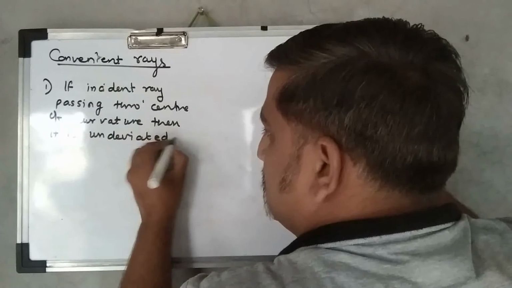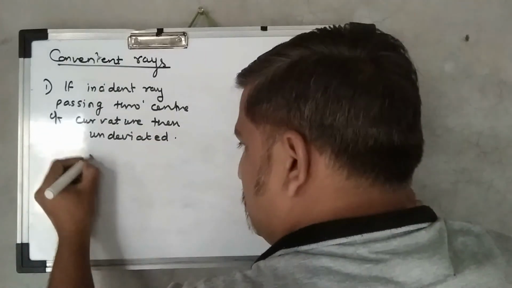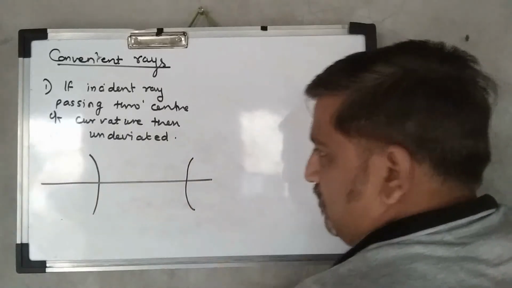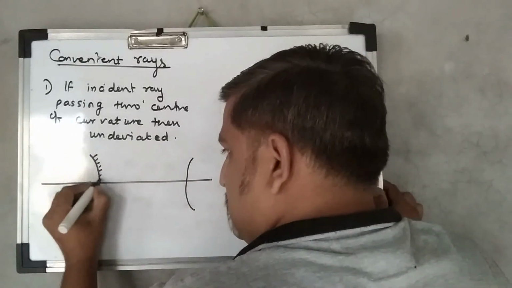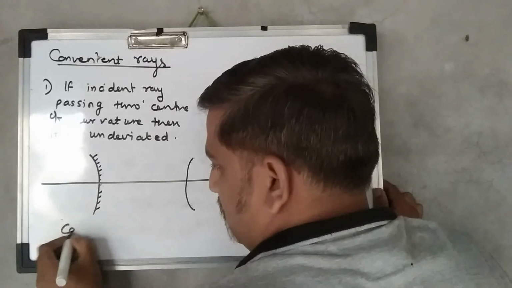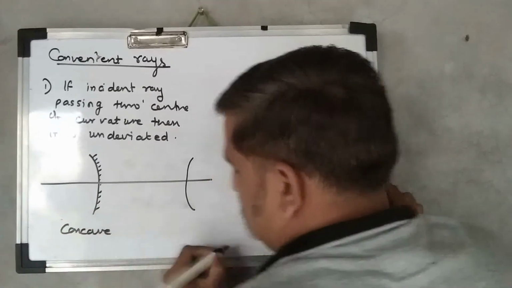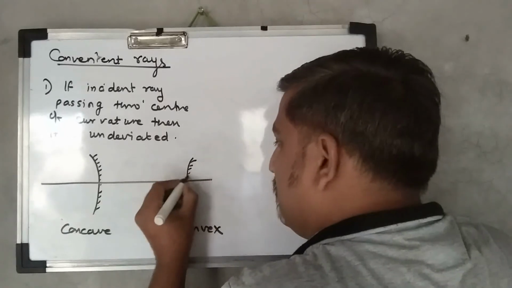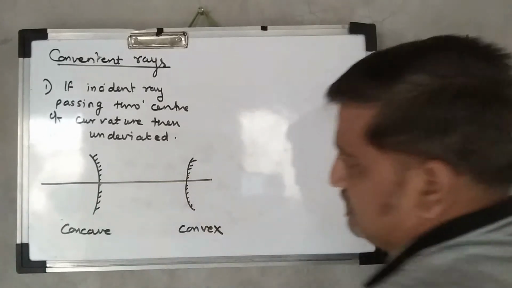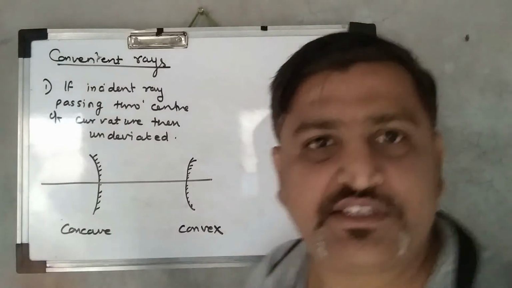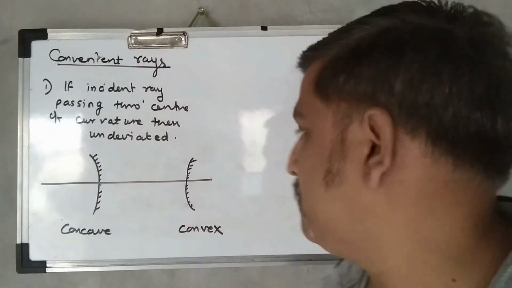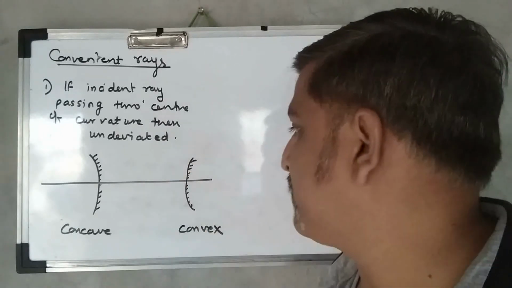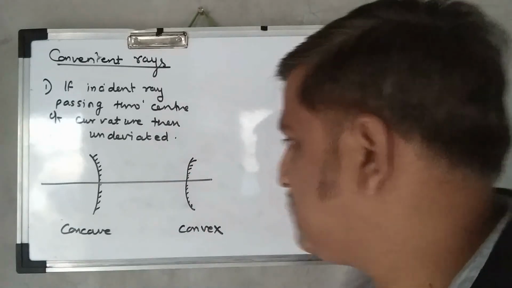So both mirrors I can show over here. Say this one is a concave mirror and this one a convex mirror. In the case of the concave mirror you can see that the reflecting surface is inside, and in the case of the convex mirror the reflecting surface is outside.